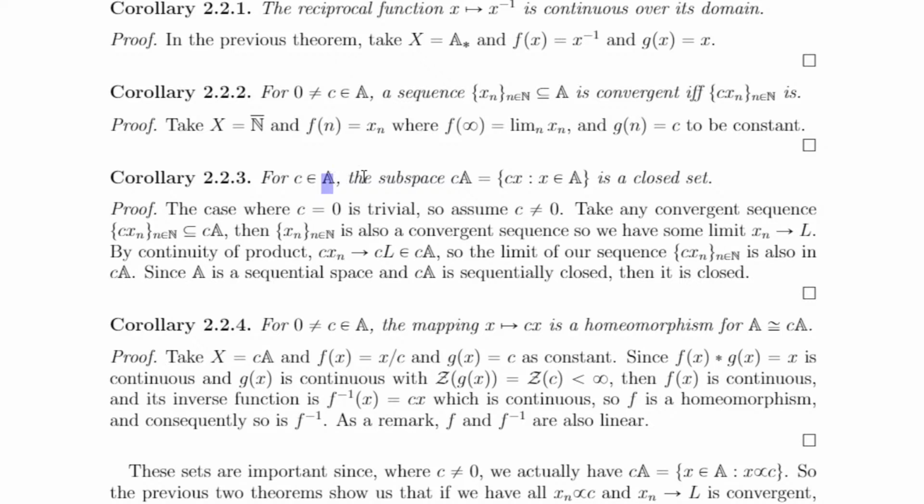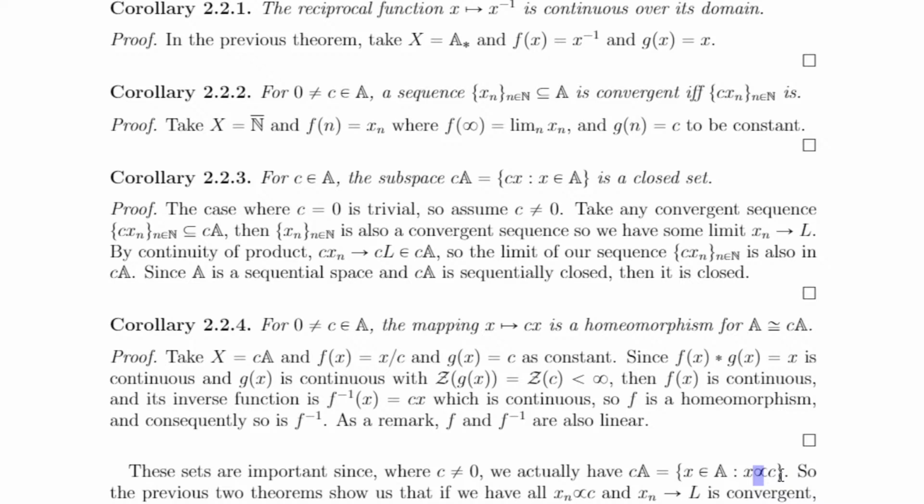In order to define derivatives, we have to talk about division. And actually that's why we have this little note down here. Whenever c is non-zero, this set of c times A, which is c times x, such that x is in A, equivalently, this is also the set of x in A, such that x is proportional to c. That is, this set of x which can be divided by c reliably.